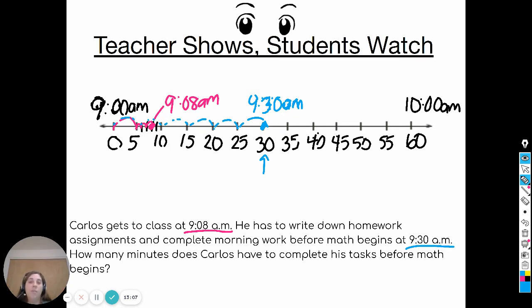Okay, so now we've labeled our 2 times, but the question is how many minutes does Carlos have to complete his tasks before math begins? Okay, so we have to figure out the difference between these 2 times.